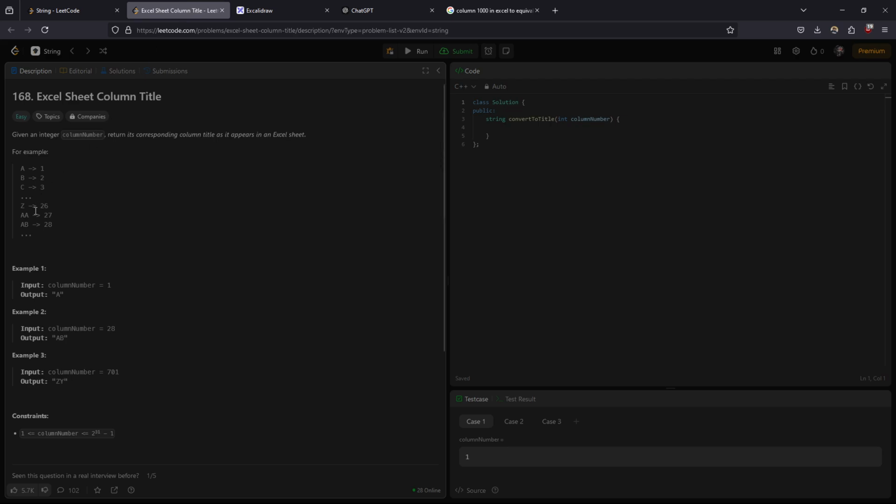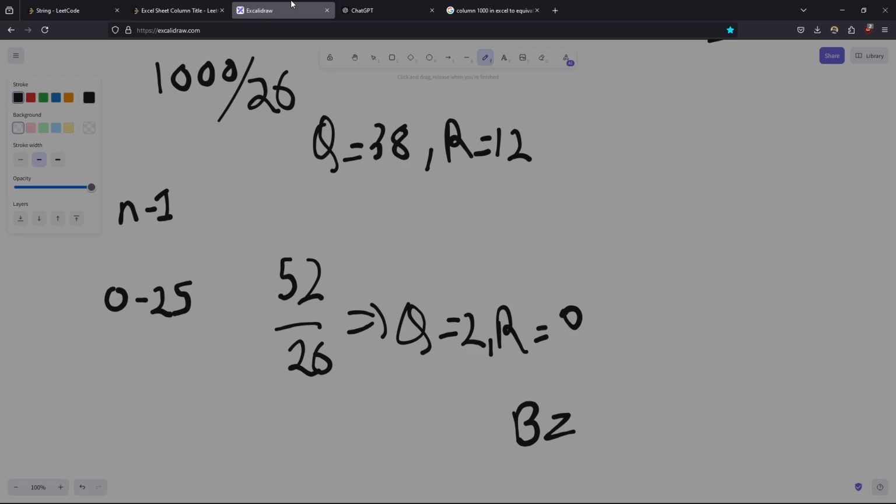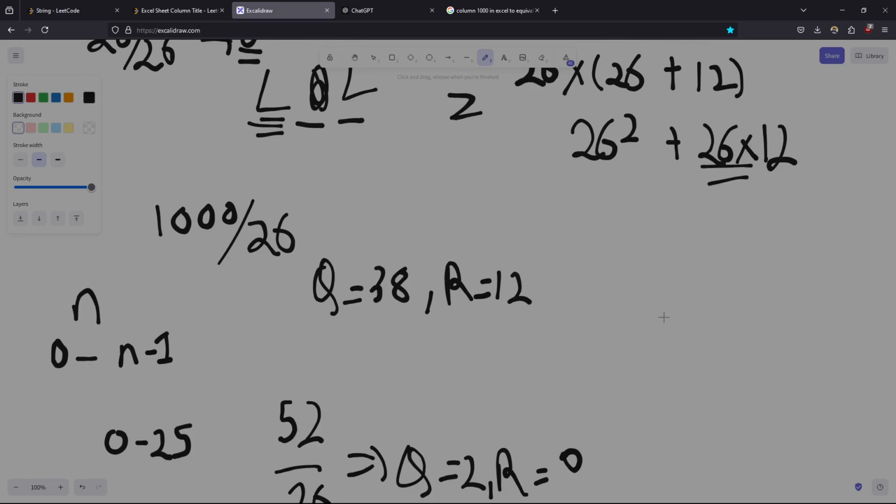Let's look. As we know, B means 26 to the power 1 plus 26, but we can't put only B. We have to put an alphabet after B, which should be A in this case, I think, or not. Okay, let's look.